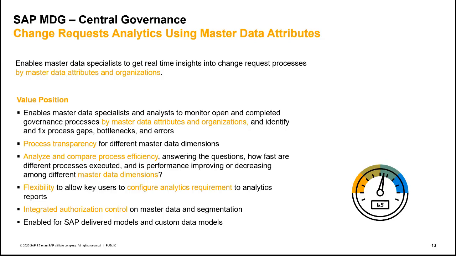And we also, of course, control the authorization, because here you can see all the master data, to make sure the data is protected. So we have integrated the authorization control fully, like the S4 system. Same as before, you can always enable this app for a customer data model or an extension to our standard data model.